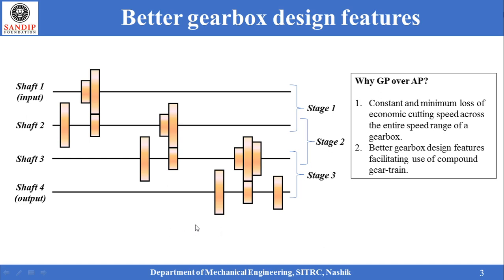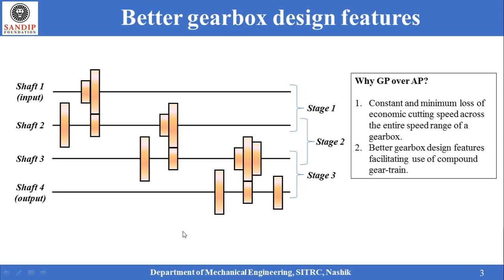Moreover, as far as space management is concerned, the compound gearbox does not have very high length. It has used the length and width properly so that space management can be done. This is the benefit of using a compound gear train, and it is possible only with geometric progression.